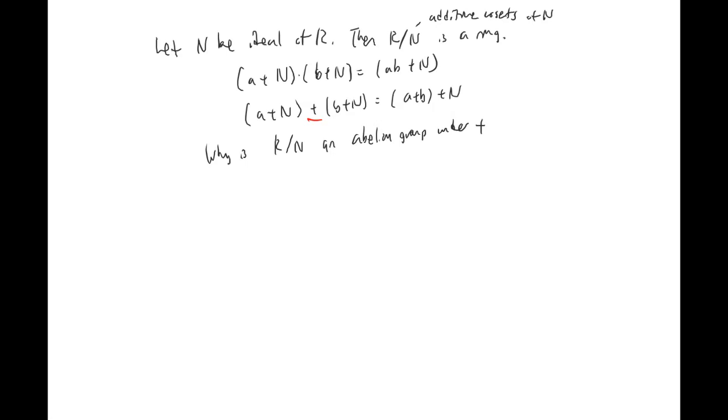Recall N is an additive subgroup of R. So N is a subgroup of R, but what do you know about rings? R is a ring, so you know by definition it is an abelian group under plus. Does everyone agree? And what do you know about abelian groups?